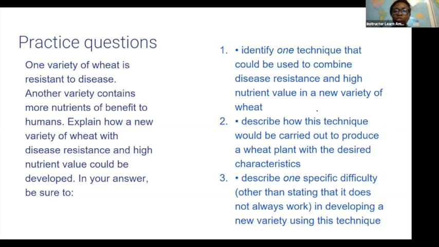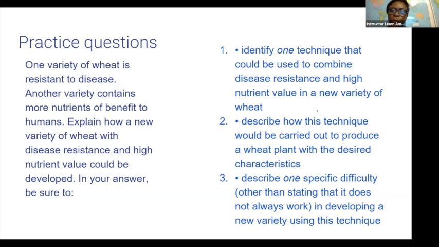I could genetically engineer this, where I'll put the gene for resistance into the plant that's already providing the nutritional benefits. By putting this gene in, I will then produce a plant that's carrying both traits.